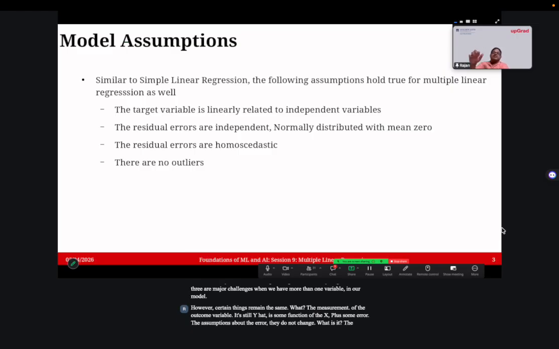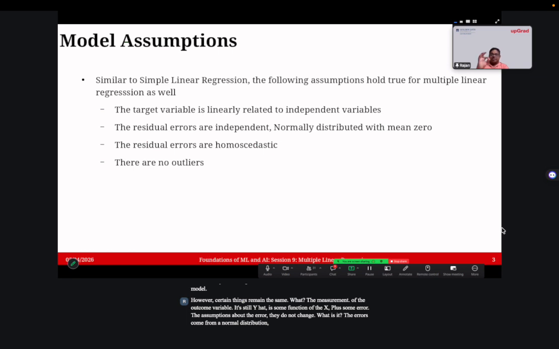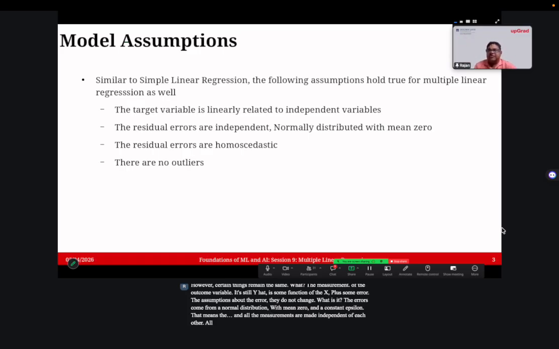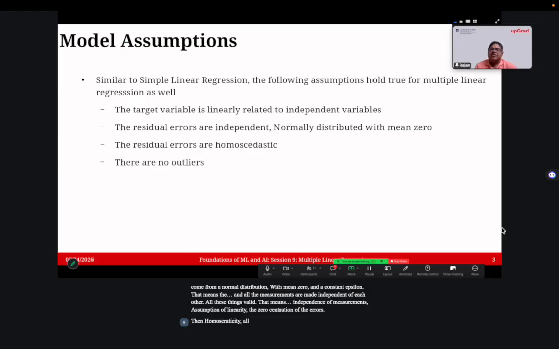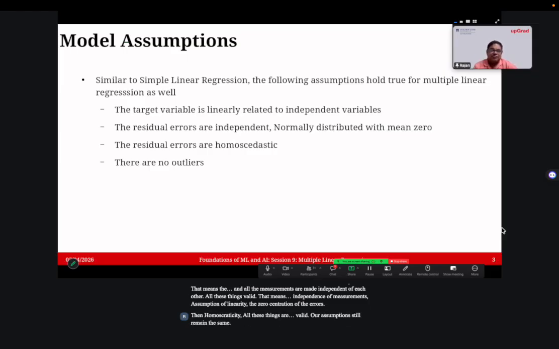The errors come from a normal distribution with mean 0 and a constant variance. That means all the measurements are made independent of each other. All these things are valid. That means independence of measurements, assumption of linearity, the zero centration of the errors, then homoscedasticity, all these things are valid. The assumptions still remain the same, right?